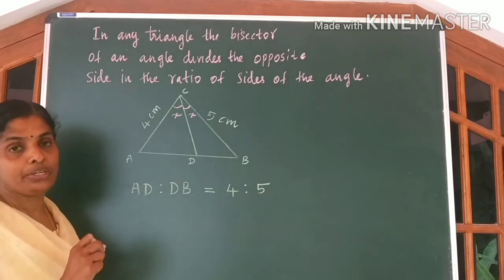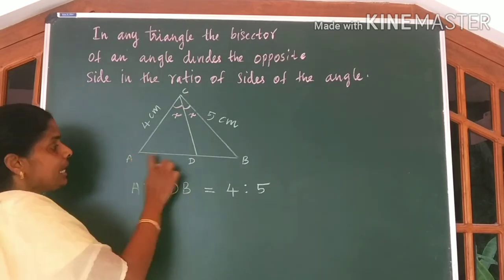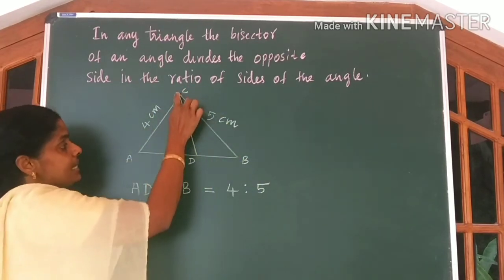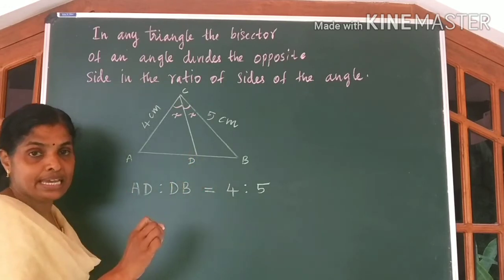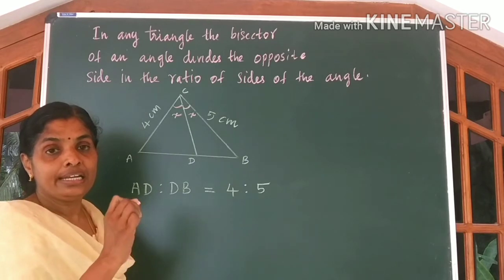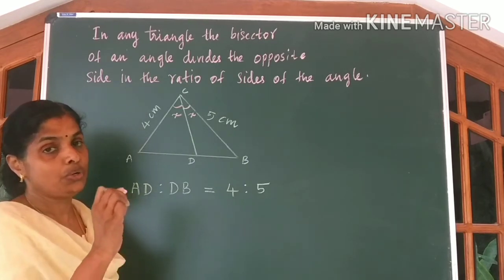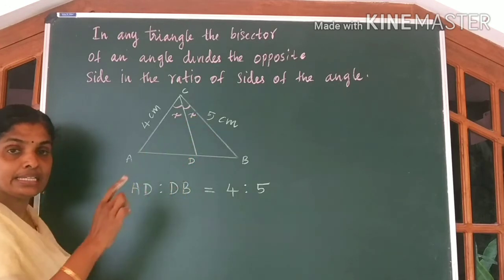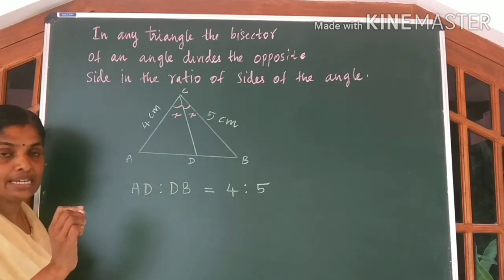See how I am going to prove it. ABC is a triangle for which CD is the bisector. You know, the bisector of an angle divides the angle into 2 equal parts, so I marked these two angles as X and X. Is it clear?